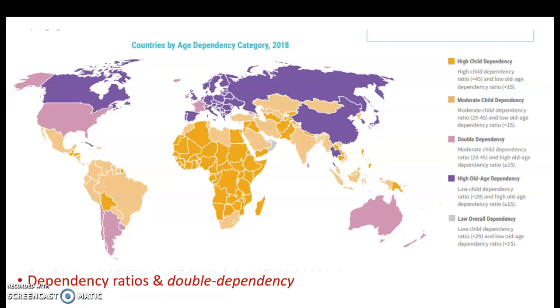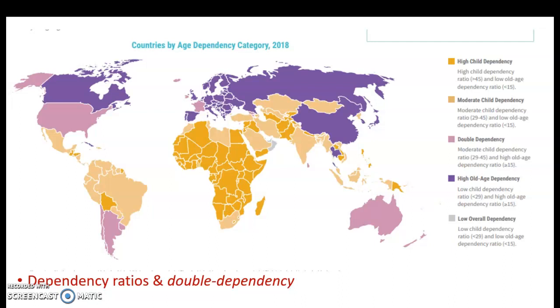We resume our look at dependency ratios and double dependency by looking at a map of the world and seeing where our differences exist with child dependency, old age dependency, and where both of these dependencies occur. Remember that dependency ratios look at the percentage of the population that is below 15 or over 64 divided by the percentage of the population between 15 and 64.